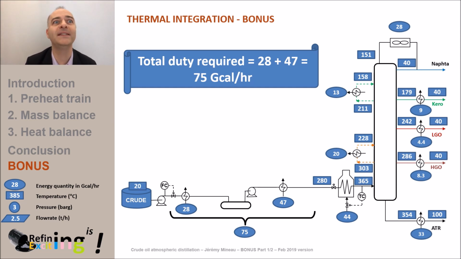In the column, you can see that 28 gigacalories per hour are lost to the atmosphere, since these calories are removed in the overhead air condenser.